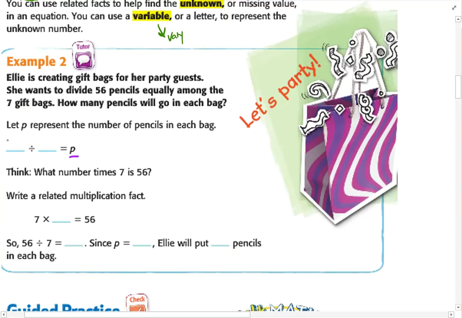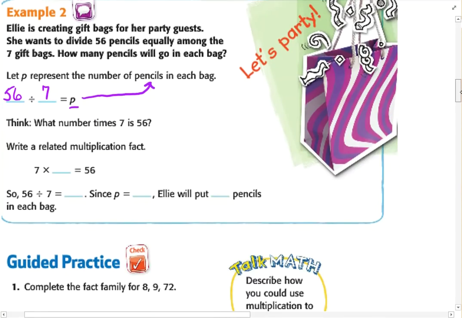So if we have 56 pencils and we're dividing them among 7 bags, 56 divided by 7 is P. And our variable, we want to make sure it relates to what we're solving for. So here, P stands for pencils. It's just helpful when you are trying to explain the problem. It makes sense in your mind a little bit easier.